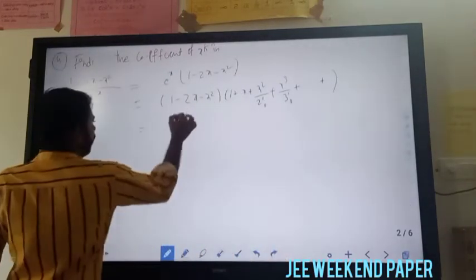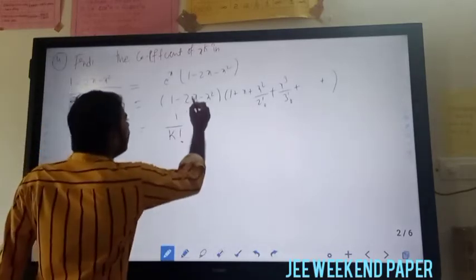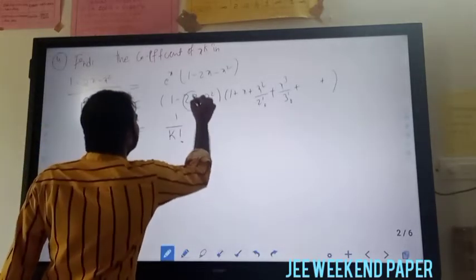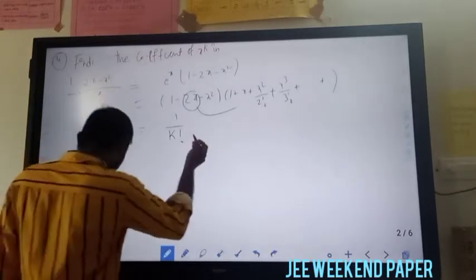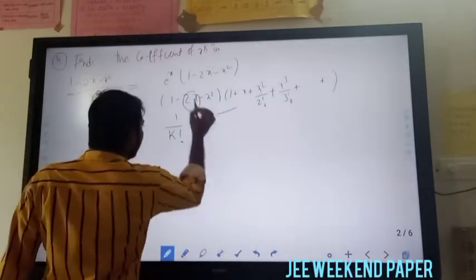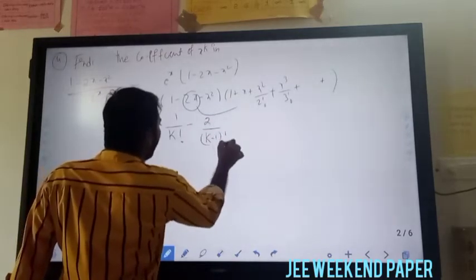When you multiply with 1, the coefficient of x power k is 1 by k factorial. When you multiply with 2x to all these terms, the x coefficient is 2, so we get minus 2 by k minus 1 factorial.